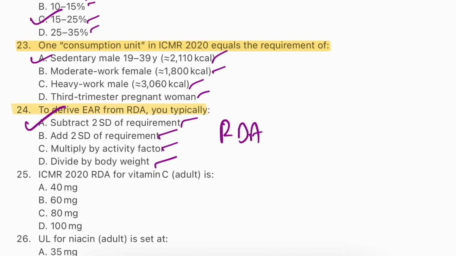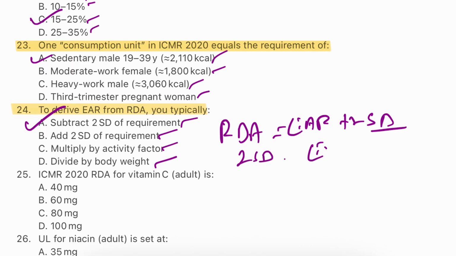RDA is equal to EAR plus 2 SD, where SD is the standard deviation of the nutrient requirement in the population. To reverse the calculation, EAR from RDA, subtract 2 SD of the requirement, so EAR equals RDA minus 2 SD. This topic is not important. It may not be asked in the exam, but anyhow, I'm just explaining it in case the question comes.